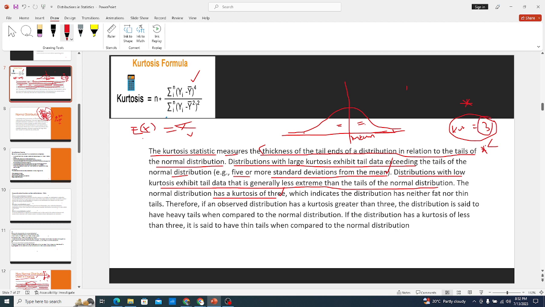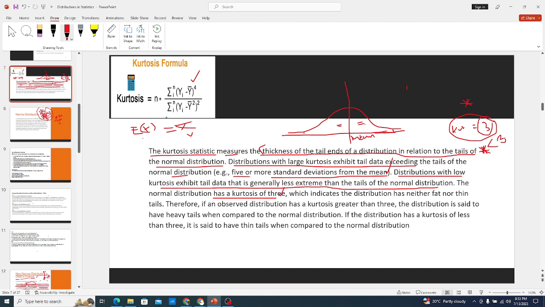So in case in our distribution, we get a kurtosis which is less than 3, then it means our tails will be thinner in relation to the tails of the perfect normal distribution.